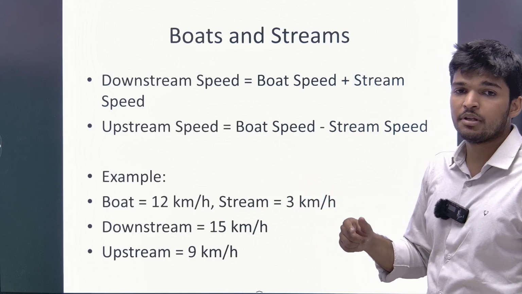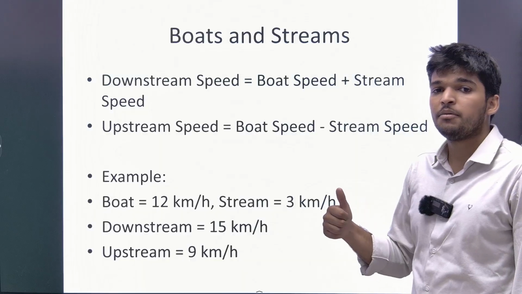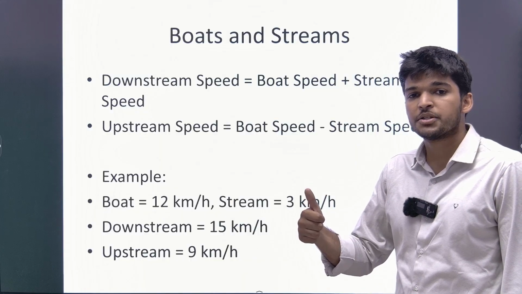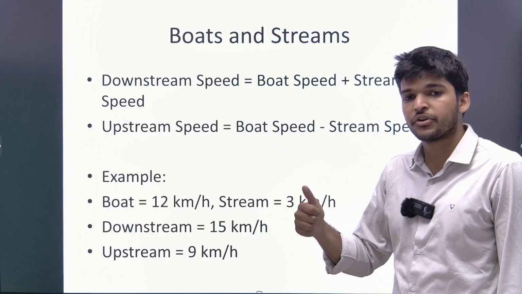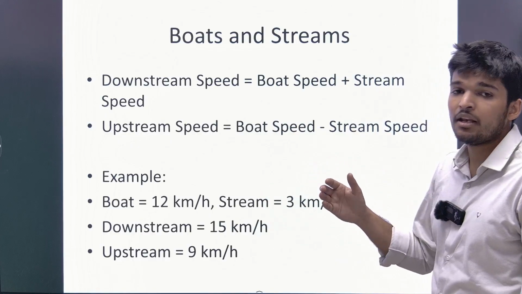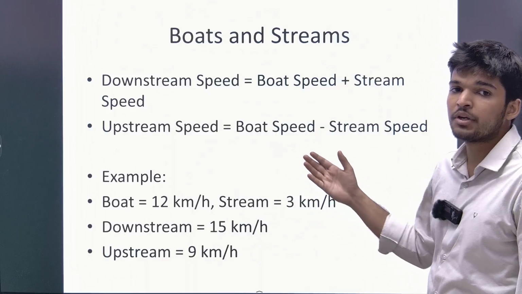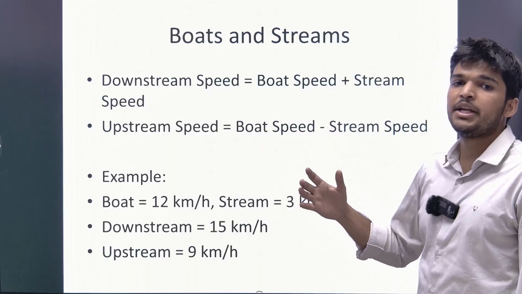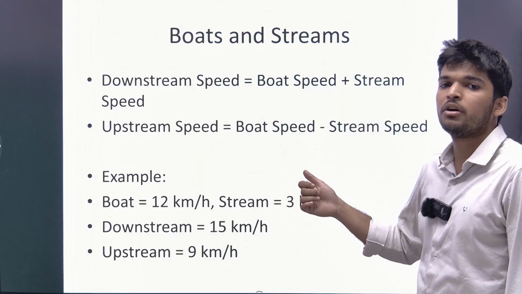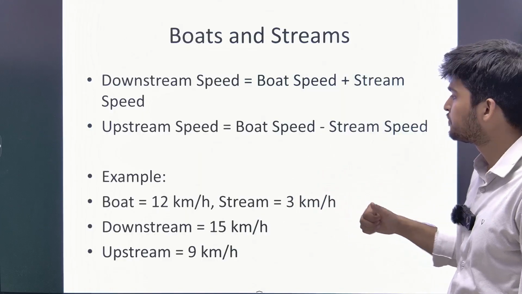In the previous example which I gave you, the speed of the boat was 6 kilometers per hour and the speed of the stream was 4 kilometers per hour. So when the same boat moves in the upstream direction, the net speed of the boat would be 2 kilometers per hour.